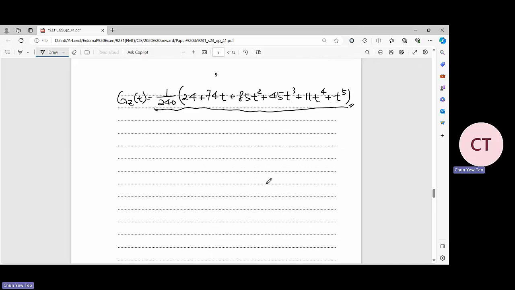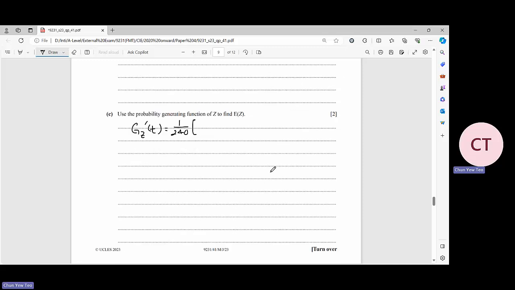So differentiate this, you get 74, 170t, 135t squared plus 44t cubed plus 5t to the power 4.